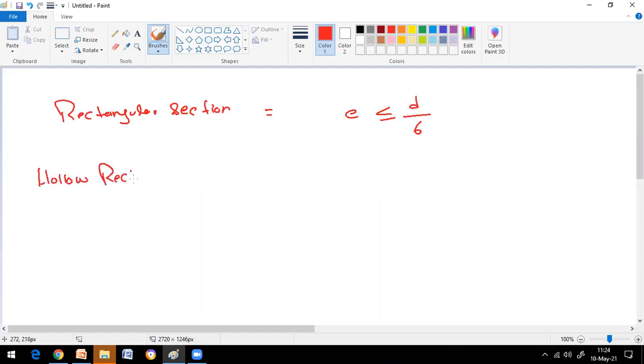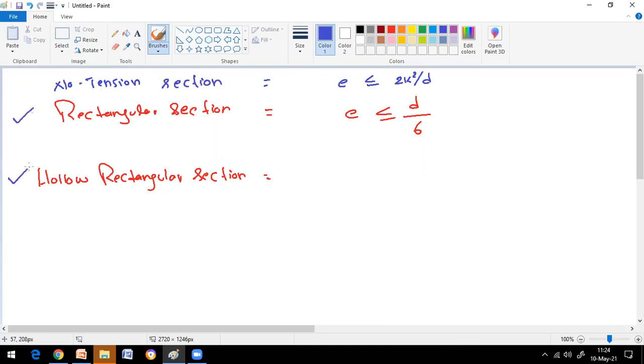Hollow rectangular section. First let us write the general equation. For any section, E should always be less than or equal to 2k square by d. Keep this in mind. This is called the no tension section. With this only we have derived it for the rectangular section and other sections. Now for a hollow rectangular section, directly the diagonal, that is your area, within what area should it be?